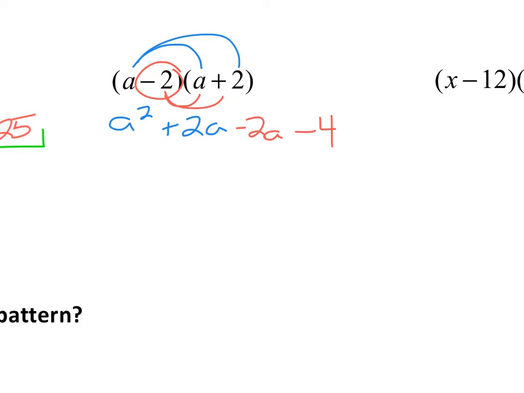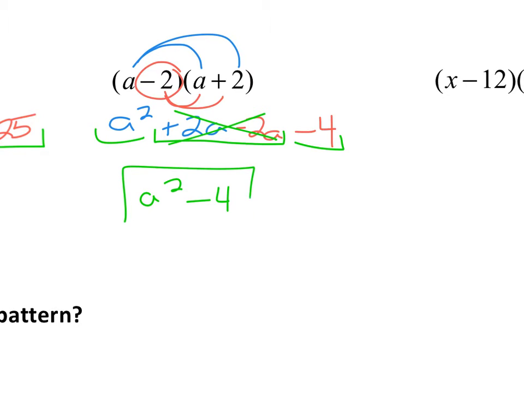And then once again, watch what happens. In the middle, where we should be able to combine some stuff, positive 2a minus 2a is going to add to be 0. And so what you're left with is you bring down your a squared that was out in front, bring down your minus 4, which was your last term, and there's your final answer, a squared minus 4.